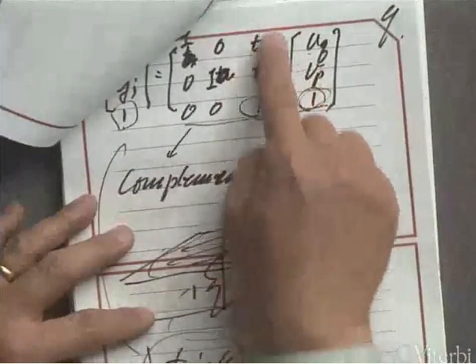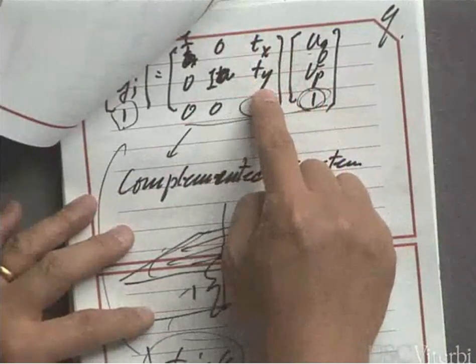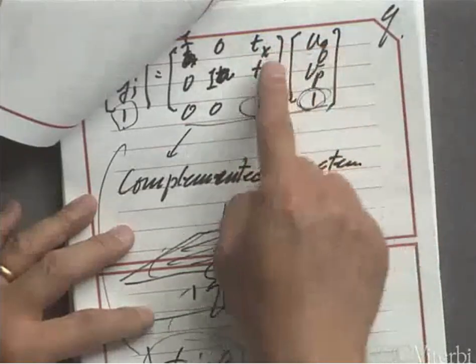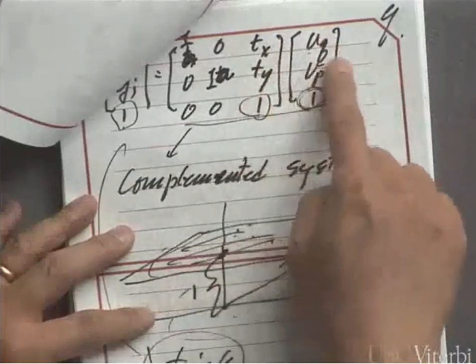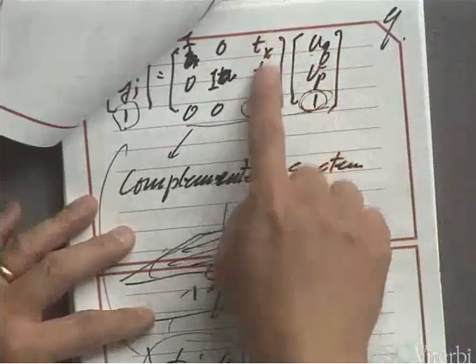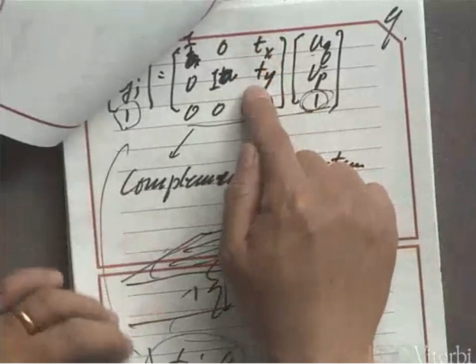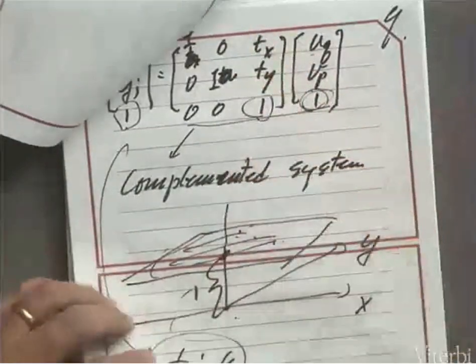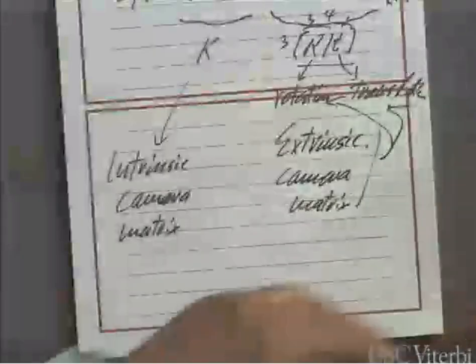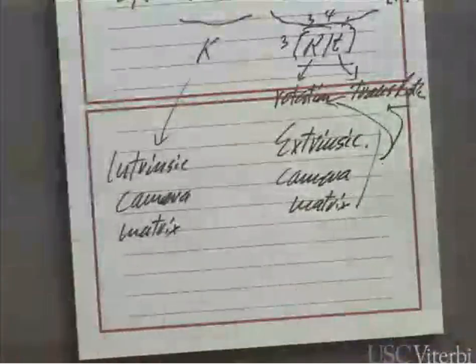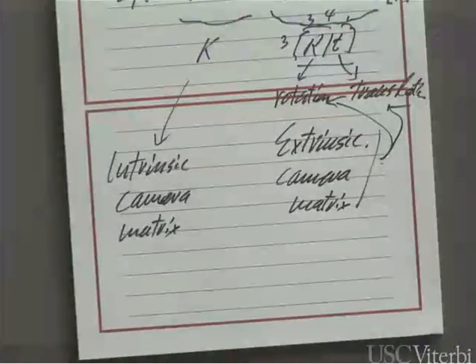So forward translation is this guy moving by TX and TY. If your world coordinate is here and you move forward in that direction, it's plus, but the reverse direction will be minus. So this is just like the case. That's about the vector t. This is the vector t here.